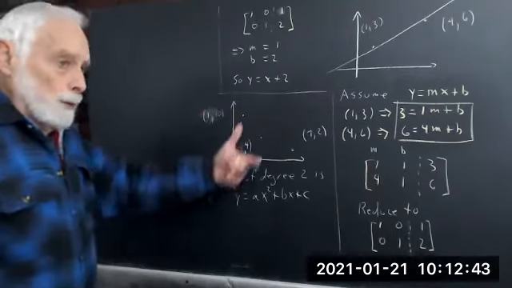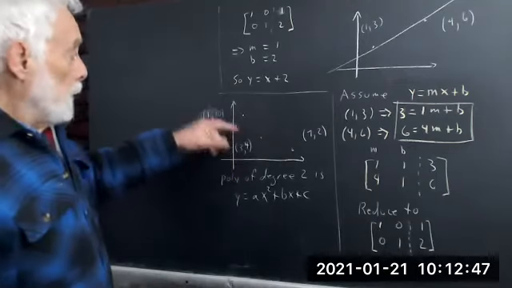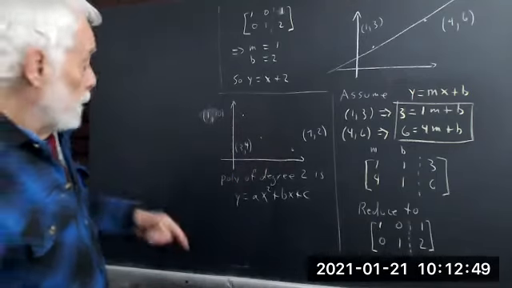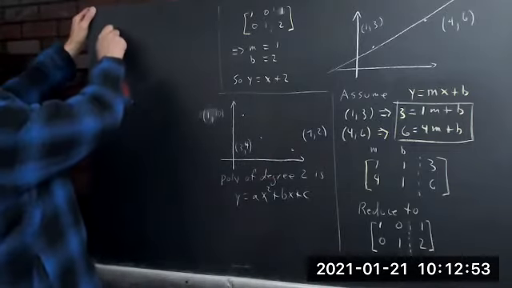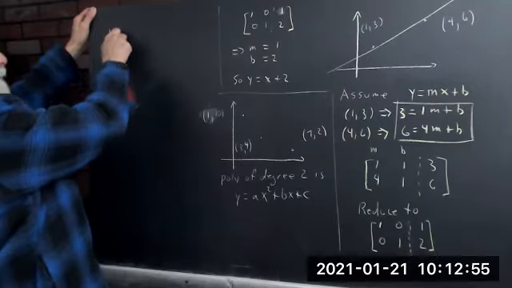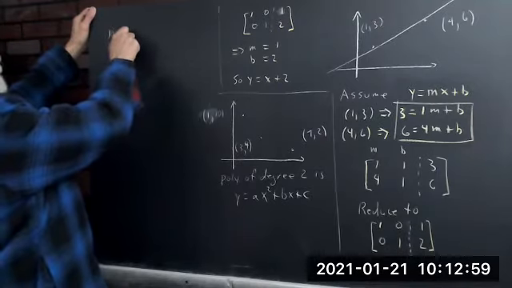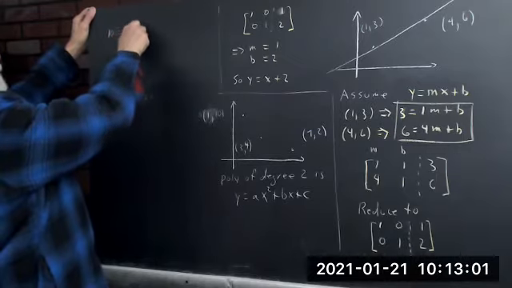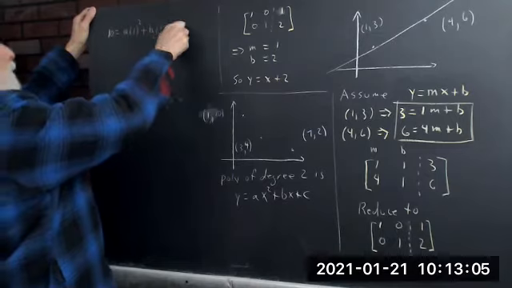So what do we do? We can write out 3 equations, an equation for every point. For the first point, we get 10 equals a times 1 squared plus b times 1 plus c.